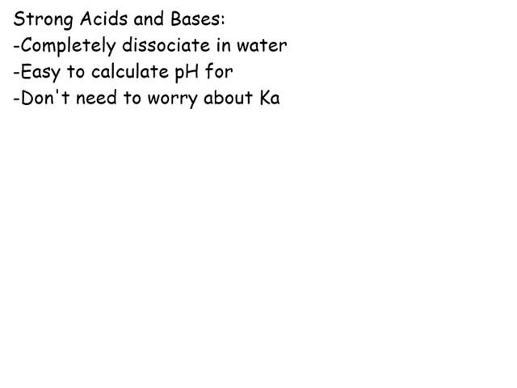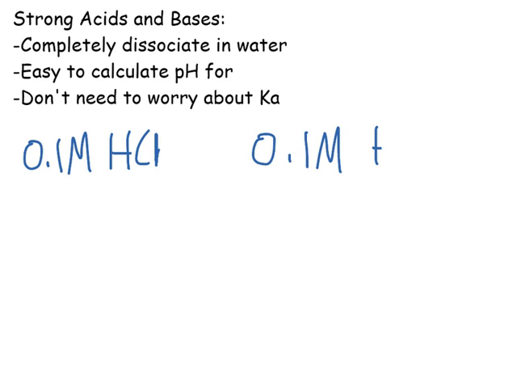Okay, so strong acids and bases completely dissociate in water. So if you have a 0.1 molar solution of hydrochloric acid, we know that we're going to have a 0.1 molar concentration of H plus ions.